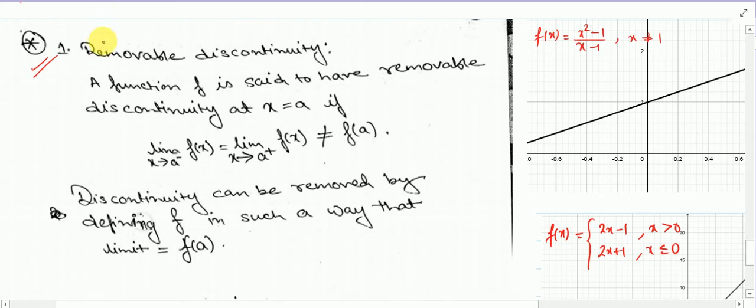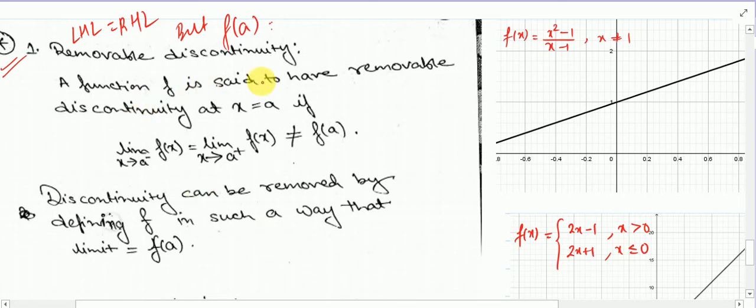If you see that your left-hand limit is equal to the right-hand limit, but f(a) is different, then in that case that type of discontinuity will be called removable discontinuity.